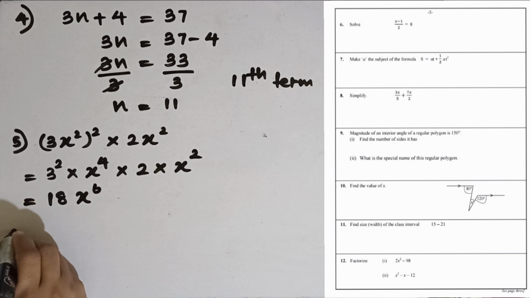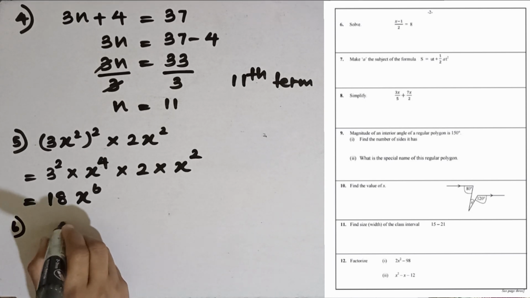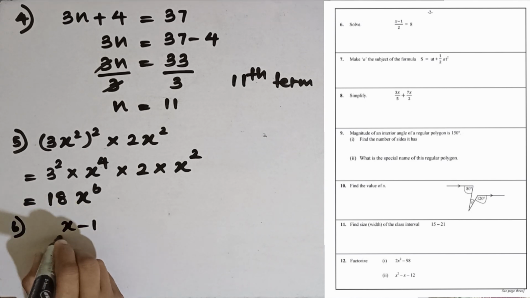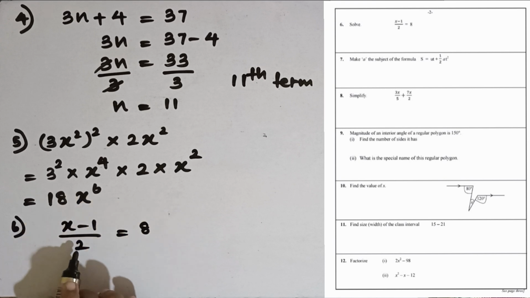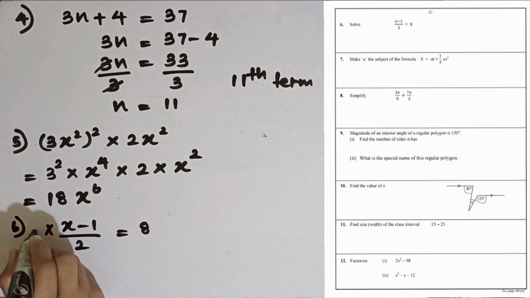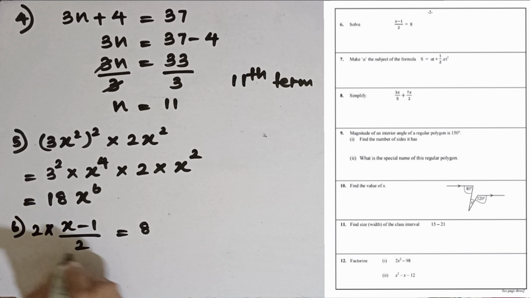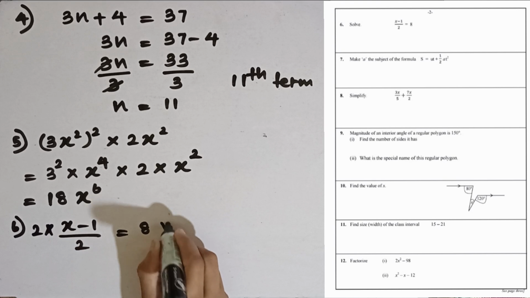Then question number 6. We are given this to solve: x minus 1 divided by 2 equal to 8. First we can remove this division by 2. For that we can multiply both sides by 2.